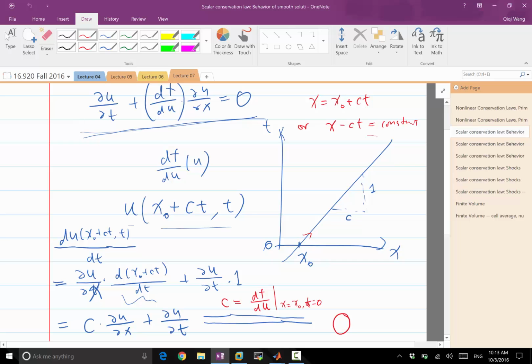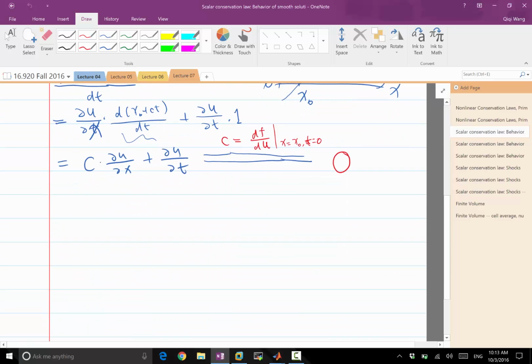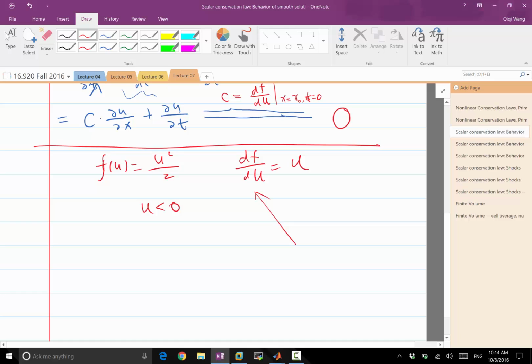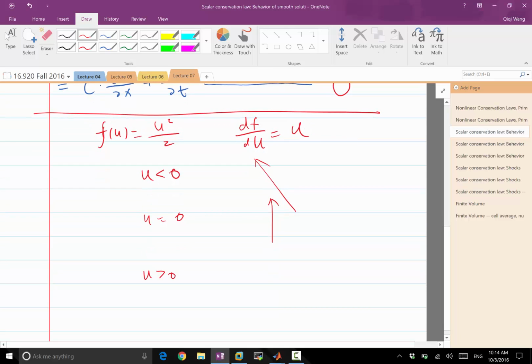And again, let's look at Burgers' equation to see how df/du depends on u. If f of u is equal to u squared over 2, df/du is equal to u. Then for u less than 0, I get left-sloping contours. For u equal to 0, I get vertical contours. For u greater than 0, I get rightward tilting contours.